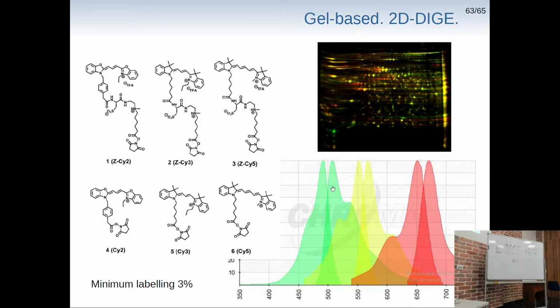They have different excitation and emission properties, so you can actually separate them with the use of special filtering. And again, we need to do this minimal labeling. Only 3% of all lysines should be labeled.